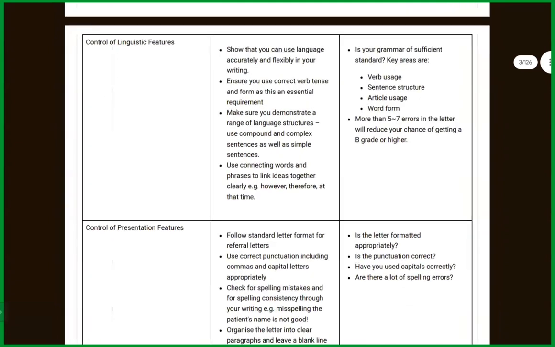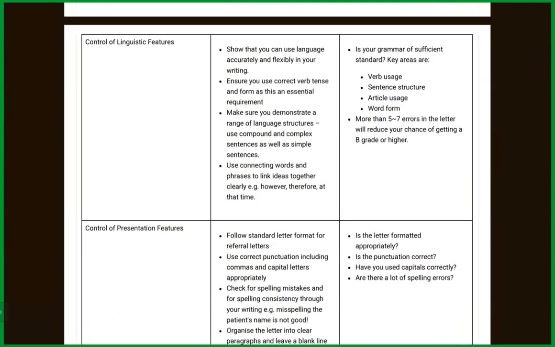Next one is control of linguistic features. First one, show that you can use language accurately and flexibly in your writing. So when you are writing, you can show that you are using appropriate language in an accurate way.